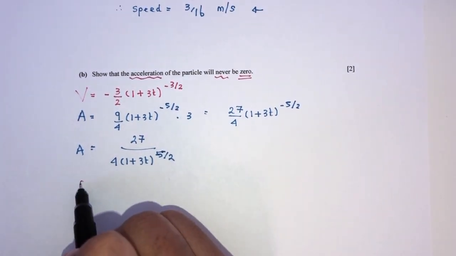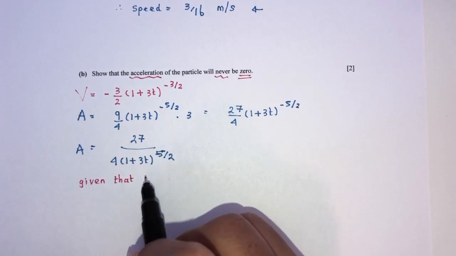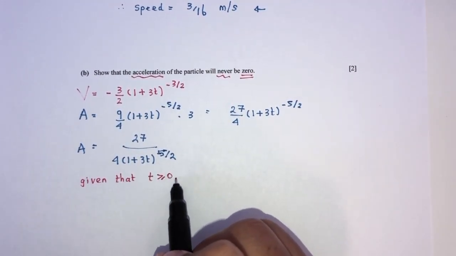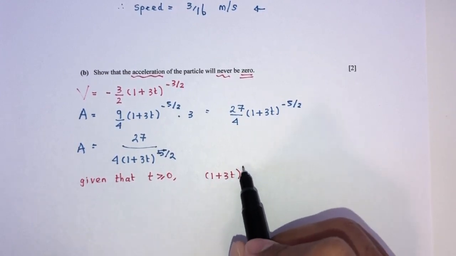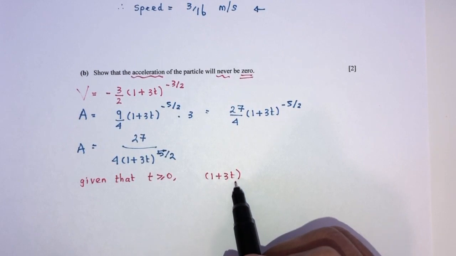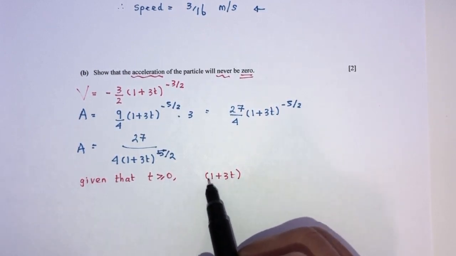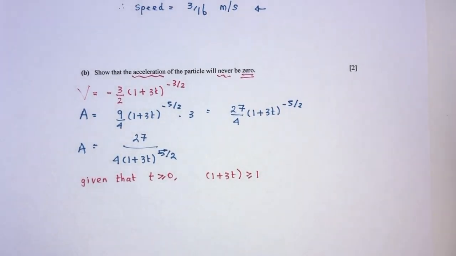So given that t is more than or equal to 0, we understand that 1 plus 3t will have to be more than or equal to 1. Hopefully that makes sense.